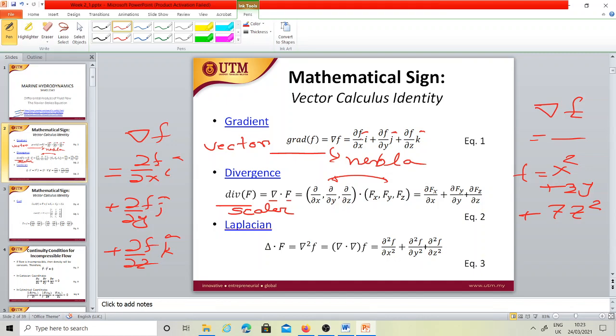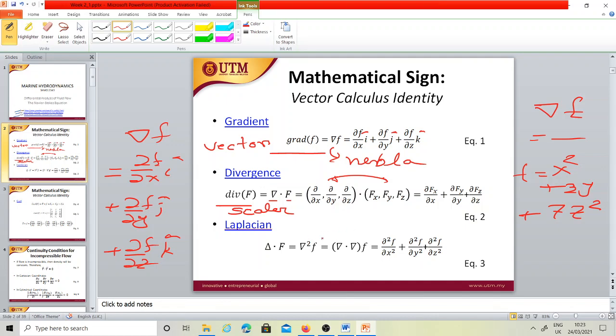In the gradient we are differentiating the same function with respect to x, y, z. That's how these two are different: gradient is always a vector, and divergence is a scalar field.